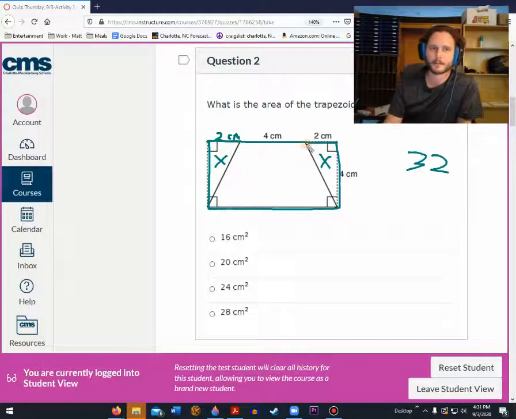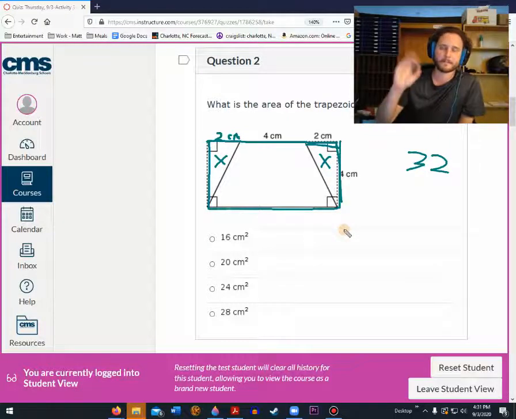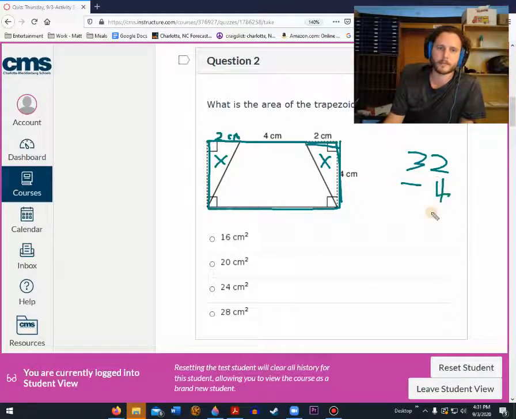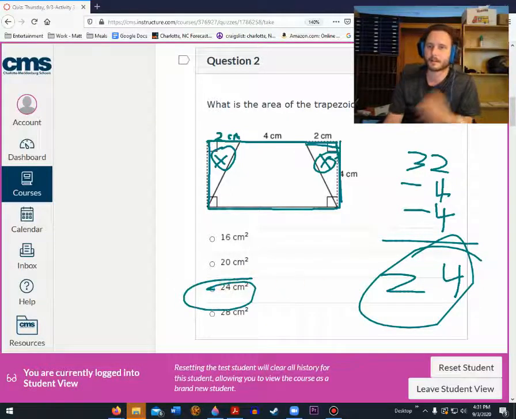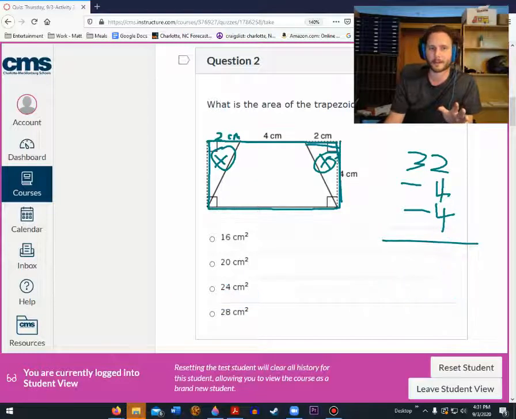Each triangle has a base of 2 and a height of 4. 2 times 4 gives you 8. Divided by 2 is going to give you an area of 4 for each triangle. So you do 32 minus 4 for this triangle and minus 4 for this triangle. That's going to give you an area of 24 if you did it this way.